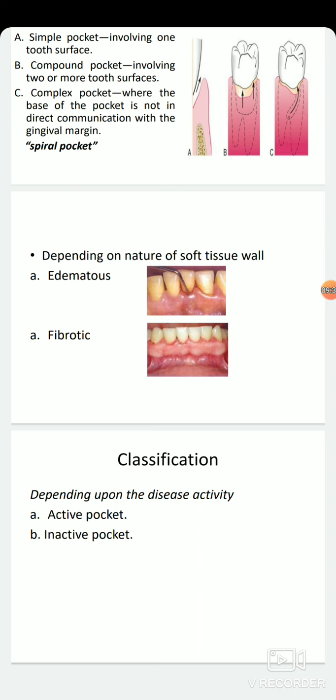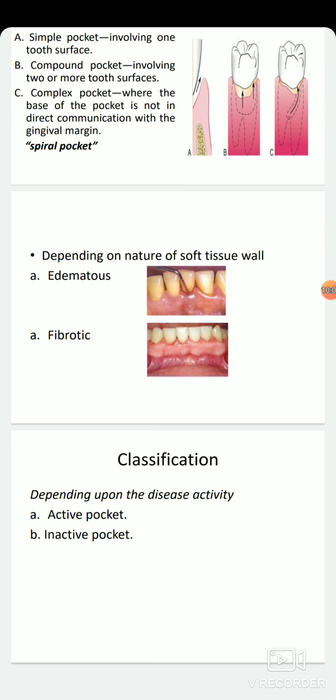Depending on the nature of the soft tissue walls, pockets can be classified into edematous pockets and fibrotic pockets. Edematous pockets are edematous in nature, where fluid collection is present in the gingival surface, and you can see some pitting on the surface of the gingiva, whereas fibrotic pockets are fibrous in nature.